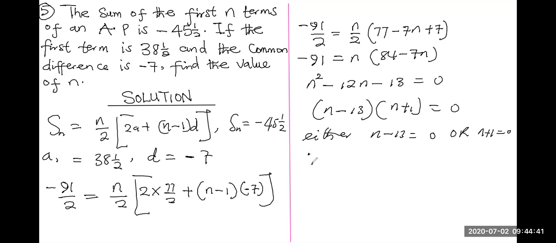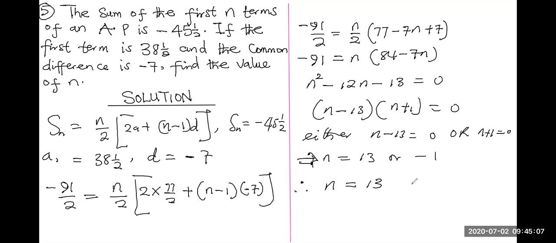So therefore, your n is 13 or minus 1. So that implies n is equals to 13 or minus 1. So can I say, therefore, our required solution is n equals to 13 because we're looking for the sum, all right? So the sum of the first 13 numbers, you cannot have the sum of the first minus 1 number.